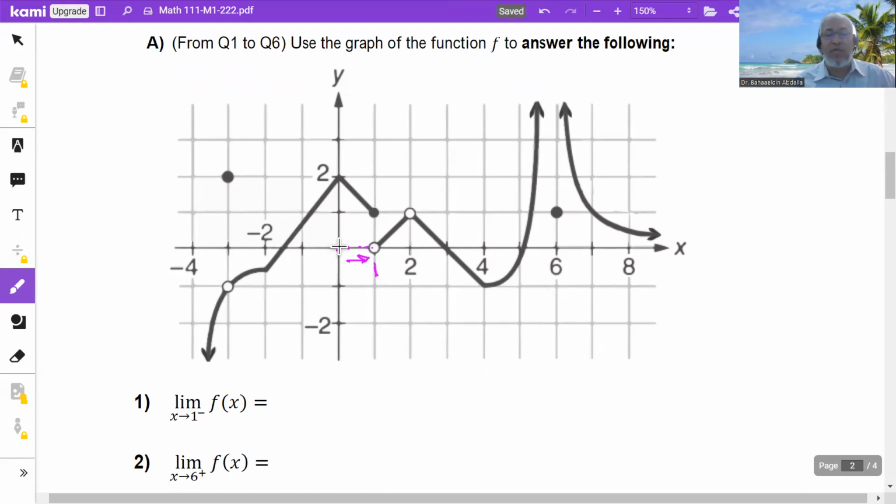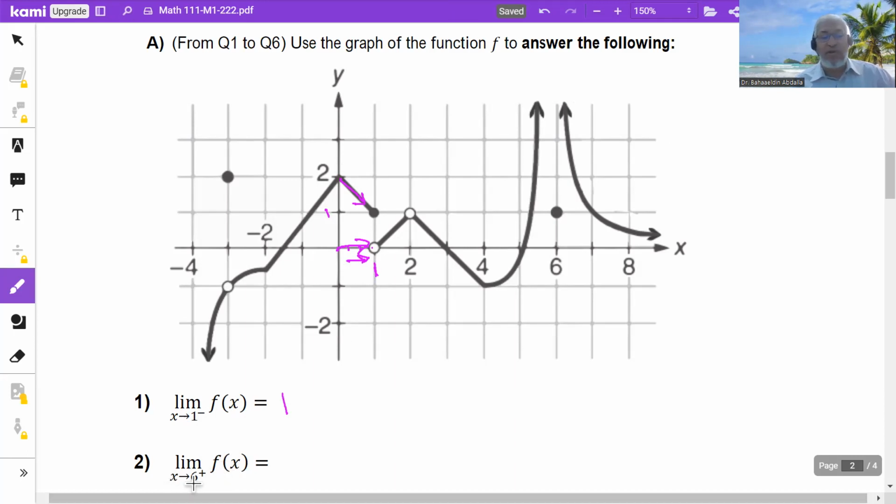The graph is up here, and here. So if you are going in this direction, the graph is going in this direction. When x reaches 1, y will reach this number, which is 1. So the limit of f of x when x approaches 1 from the left is just 1.